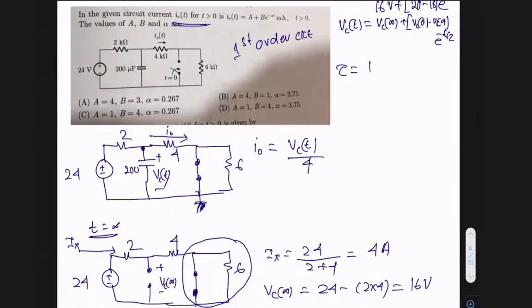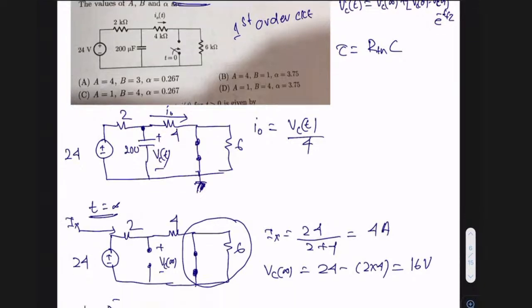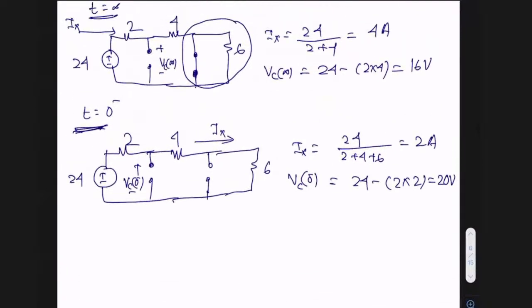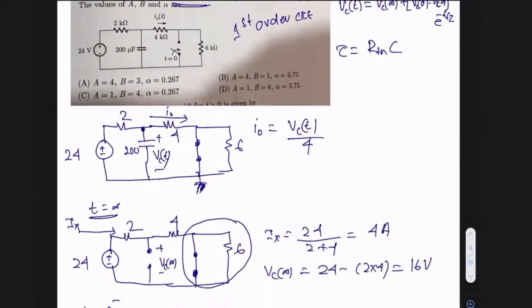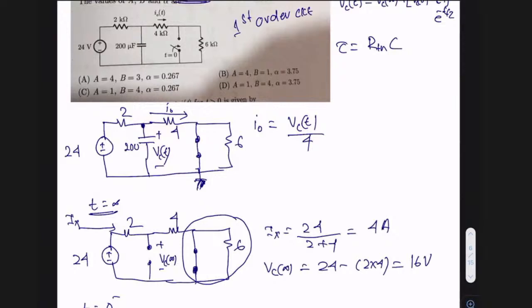So what is your tau? Tau is basically RTH into C. C is known to you, that is 200 microfarad. But what is RTH? From where will you find the RTH? You find RTH from the capacitor terminal. Whichever energy storing element is there, you have to make it open circuit, and from that terminal, you have to find it. And what circuit should you refer to?